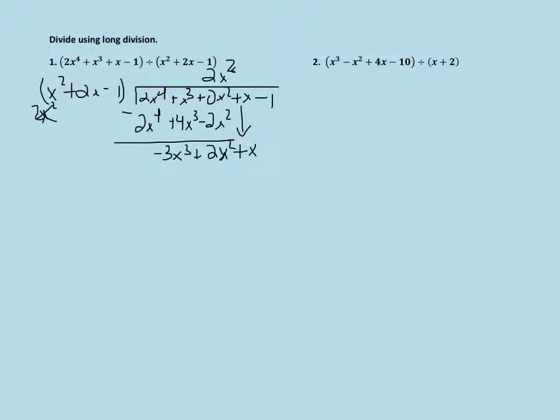What do you have to multiply x squared by to have it equal negative 3x to the third? Negative 3x. So multiply all of this by negative 3x. So you get negative 3x to the third minus 6x squared plus 3x.